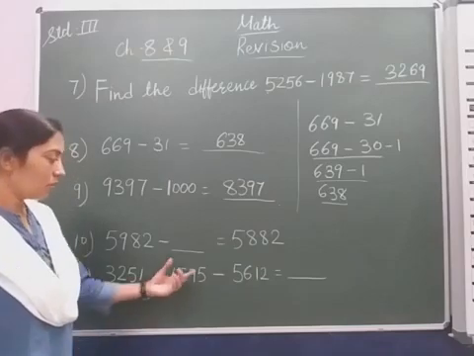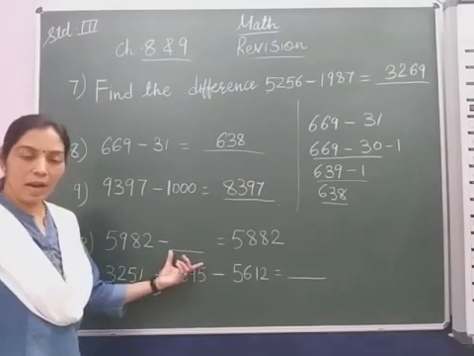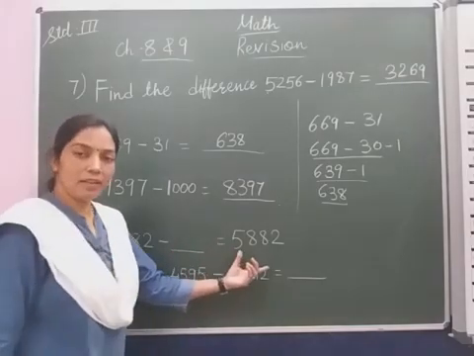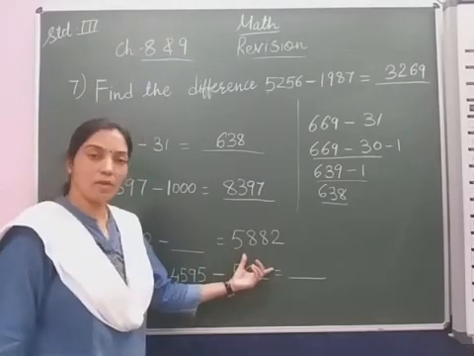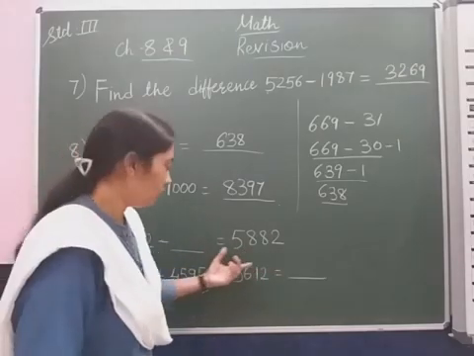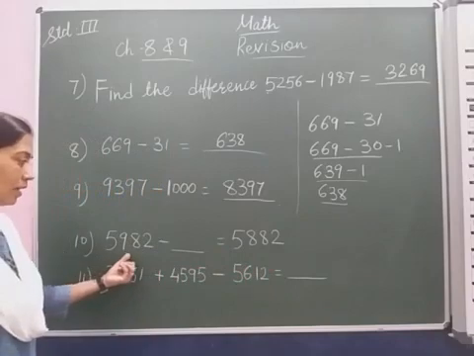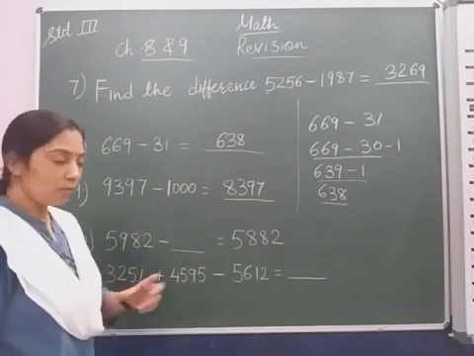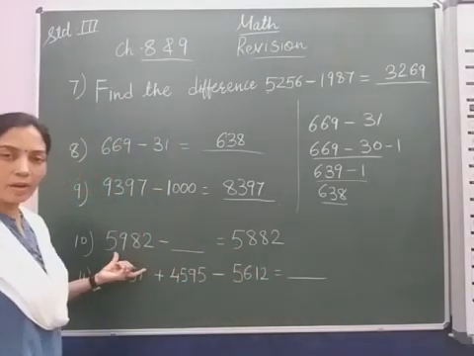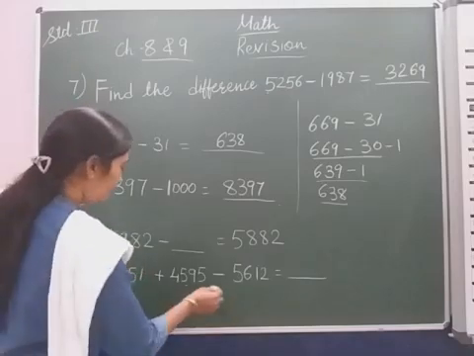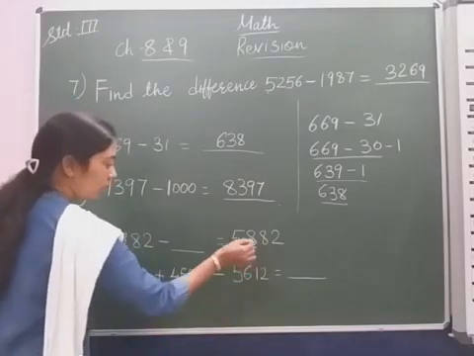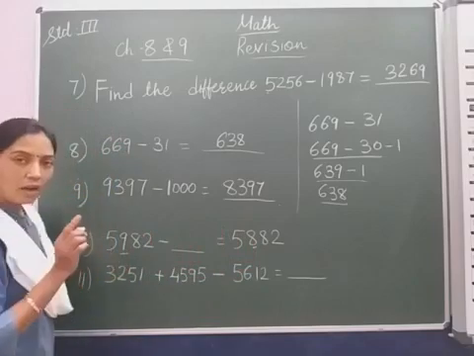The next question is 5982 minus what, that we subtract, so we get the difference 5882. Here 5982, just observe this number. You will find that the difference is only in the place of 100.